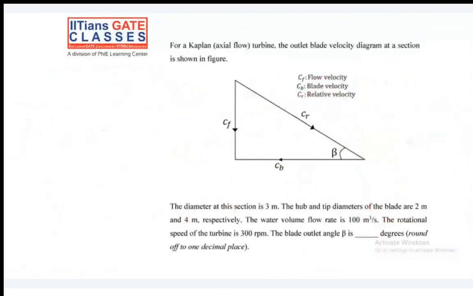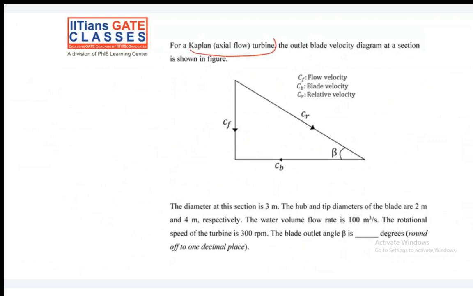Let us read this question first. It says that for a Kaplan turbine, the outlet blade velocity diagram at a section is given.